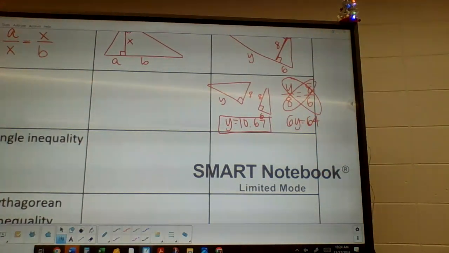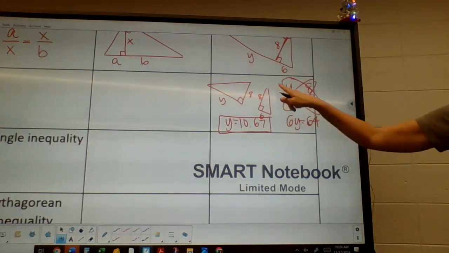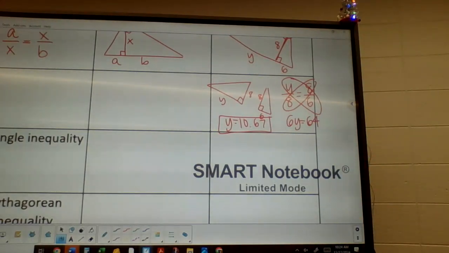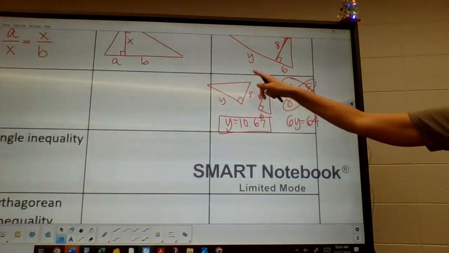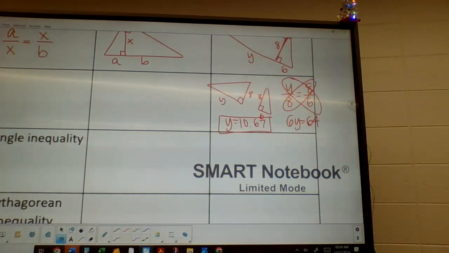You could do Pythagorean theorem to find the hypotenuse of that 6, 8, actually it would be a 6, 8, 10 triangle. So you could find that other side, or if I wanted you to find the other side of that other triangle, just know that finding all those different parts is something I may ask of you.